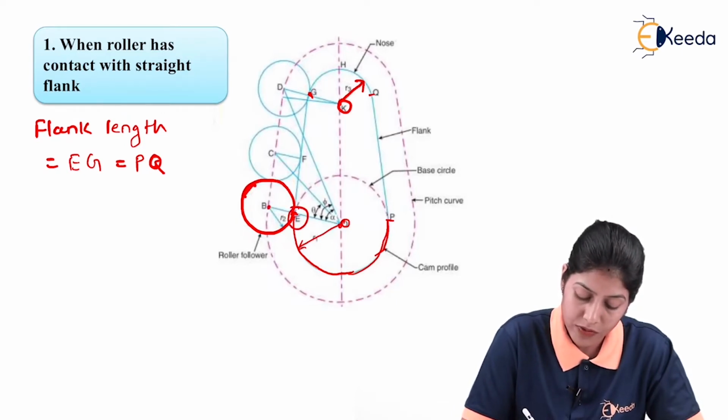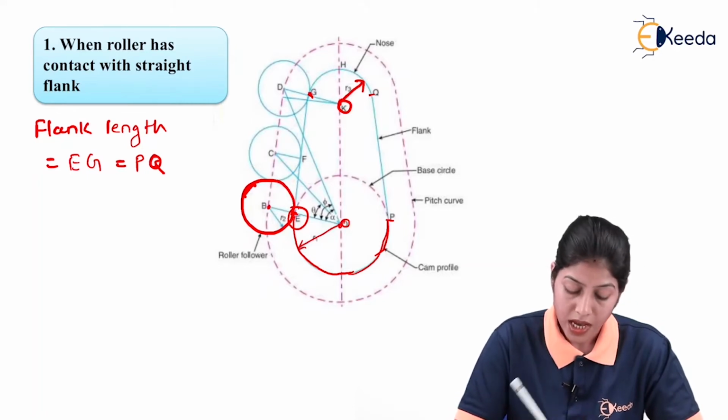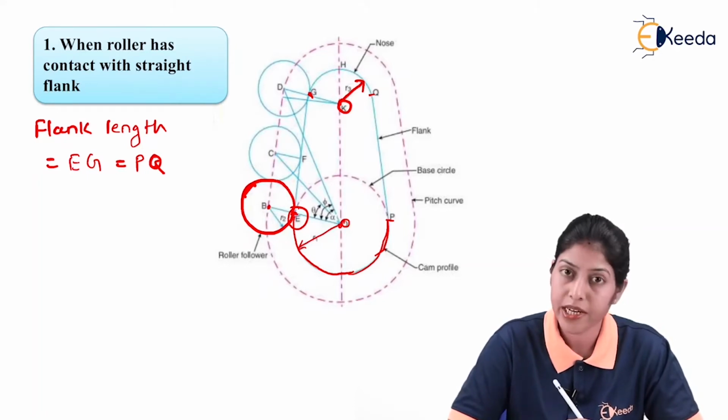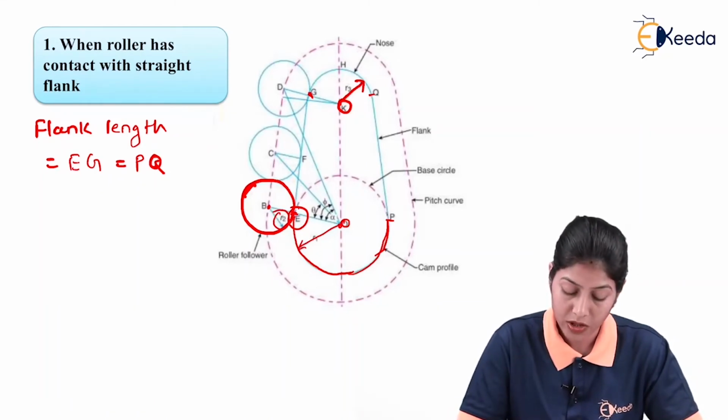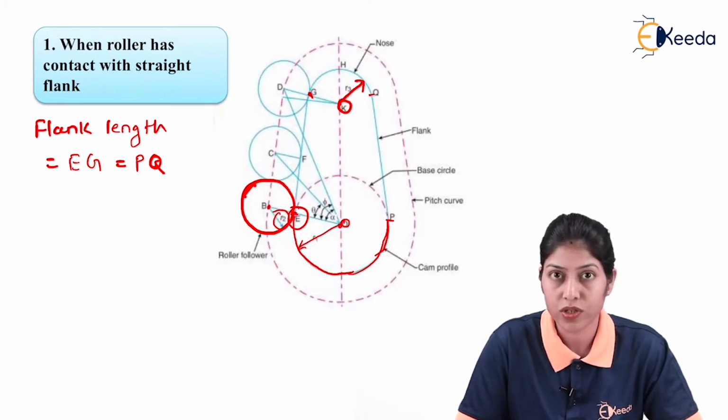So the center of the follower will be B, and from this center we can define the radius of the follower, that is represented by R2. So here we have all three radii, R1, R2 and R3. R1 is the radius of the base circle, R2 is the radius of the follower, and R3 is the radius of the nose circle.